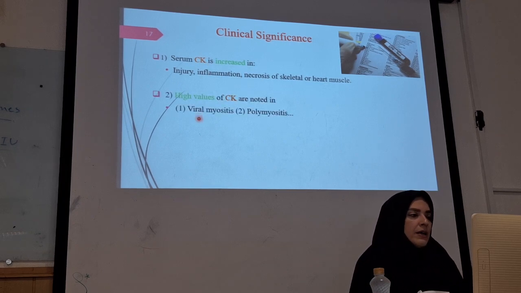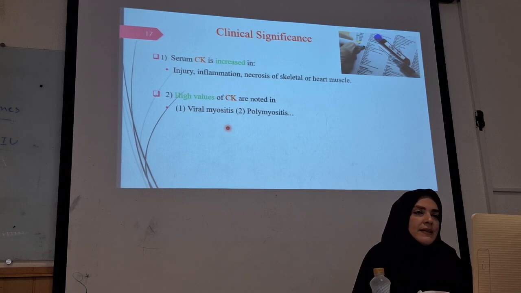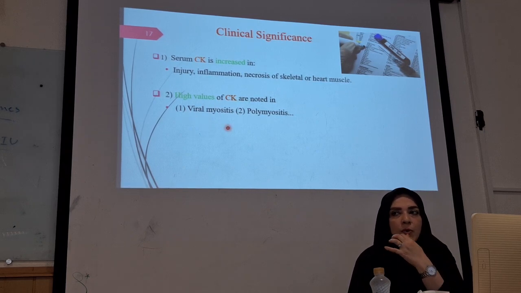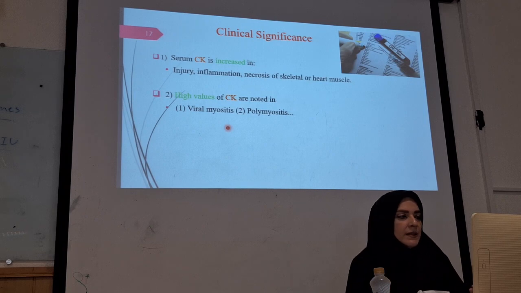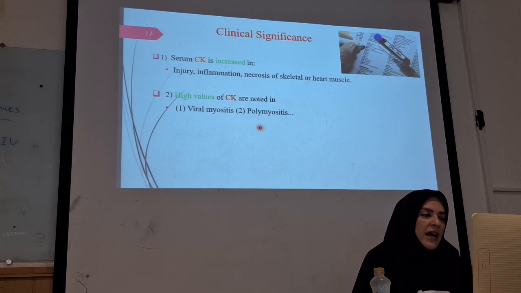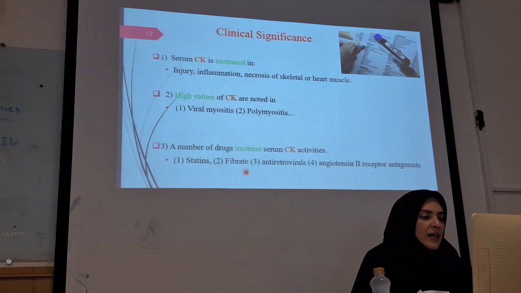Like, for example, viral myositis. It means that we have some viral infection of the muscle. Or if we have polymyositis, it means that more than one muscle is infected. As you can see here, all of them are related to the muscles.